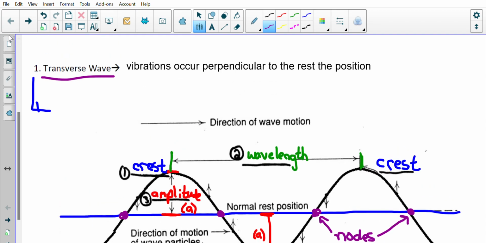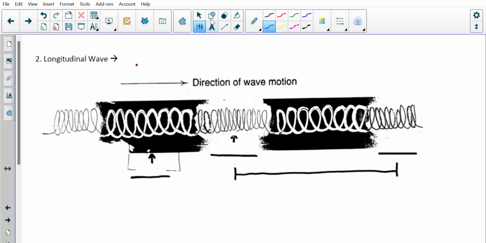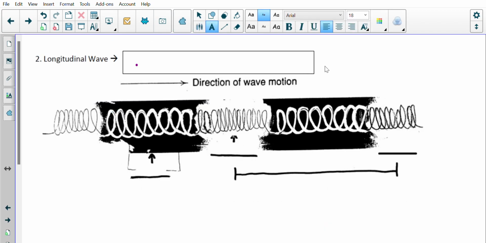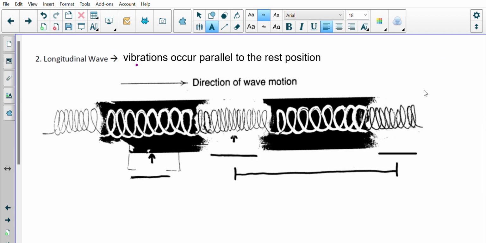Now, another type of wave is called a longitudinal wave. And that's where the vibrations occur parallel to the rest position. So this would be sound waves, which we can't see, or in fact a slinky, where you're doing a pulse through the slinky.